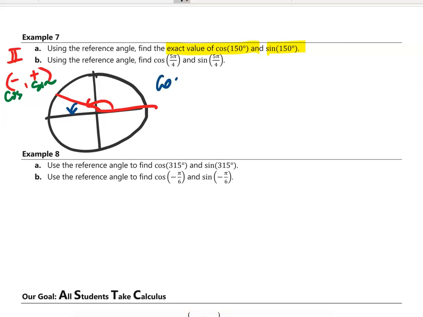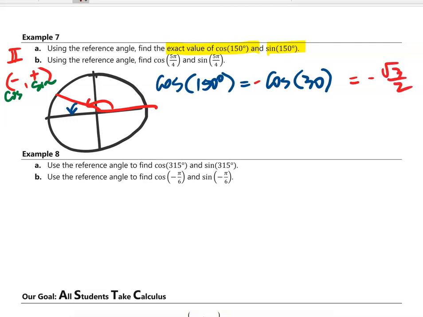So we can say that cosine of 150 degrees is equal to cosine of 30 degrees. But since it's in quadrant 2, cosine is negative, so this is going to be negative. That's why cosine of 150 degrees is negative square root of 3 over 2.